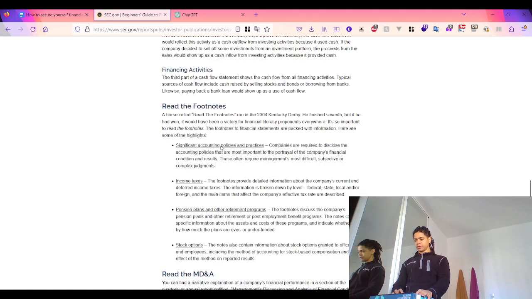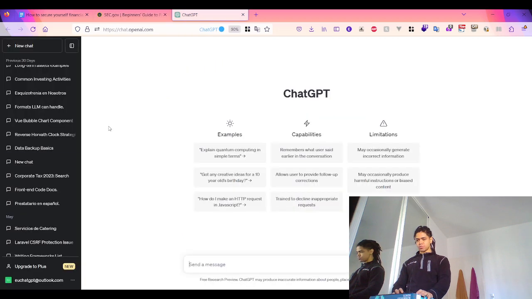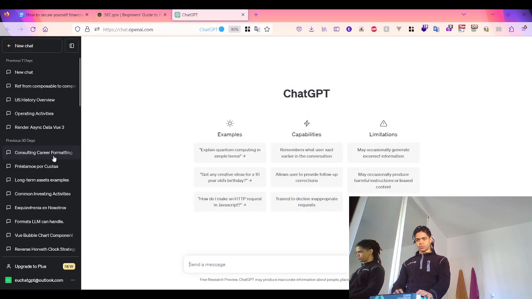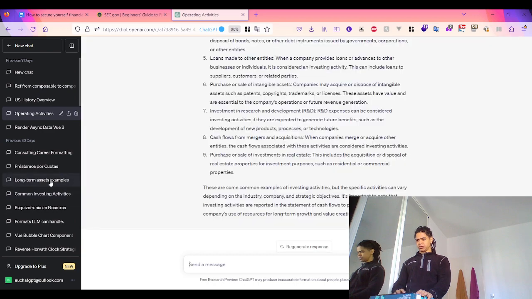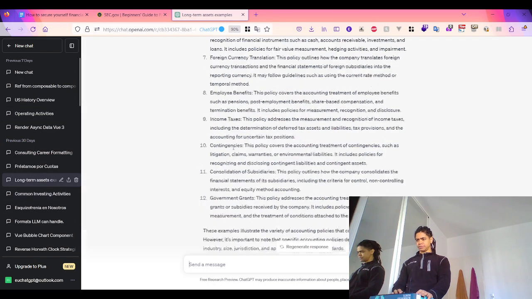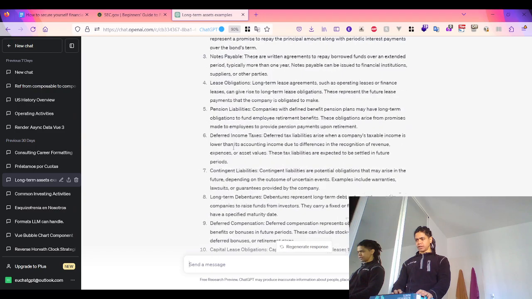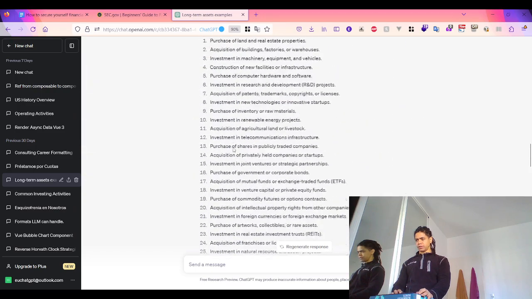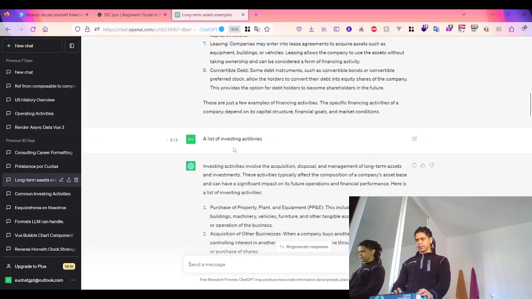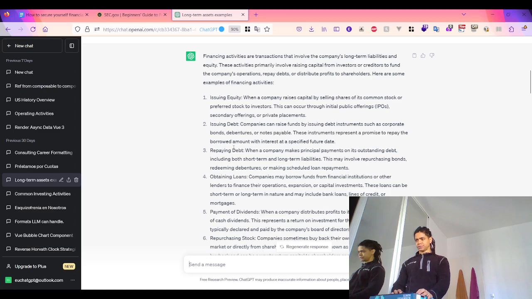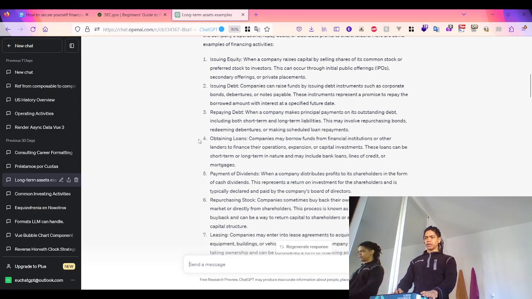Significant accounting is the operating activities. Accounting policies, long-term liabilities, investing activities. Then you've got financing activities, right? So issuing equity, issuing debt, repaying debt, which is a good sign.